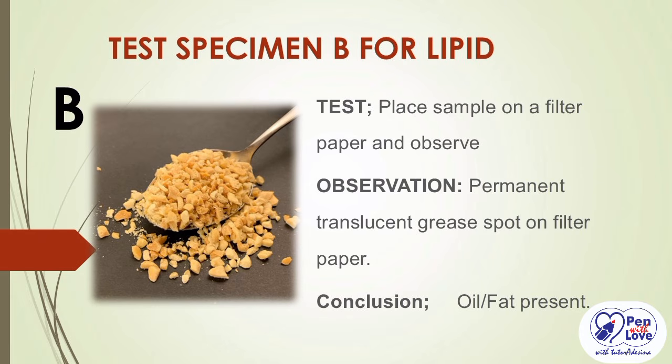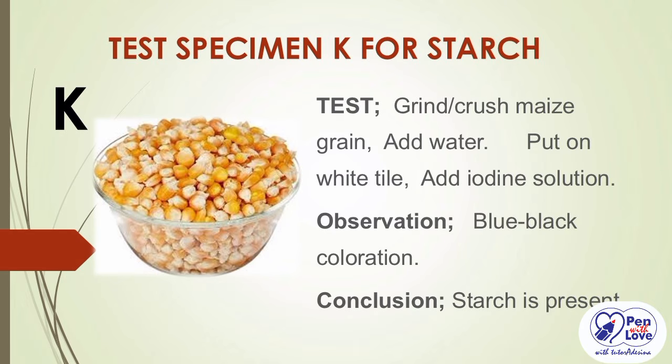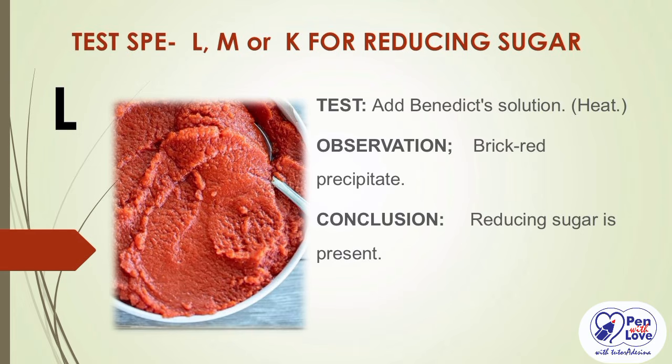Specimen K can be asked to test for starch. So that is why your iodine and your white tile that is given to you as other materials, like I've said, we are going to mention those materials as we go. So when you crush specimen K, they can also ask you to use specimen L to test for it.